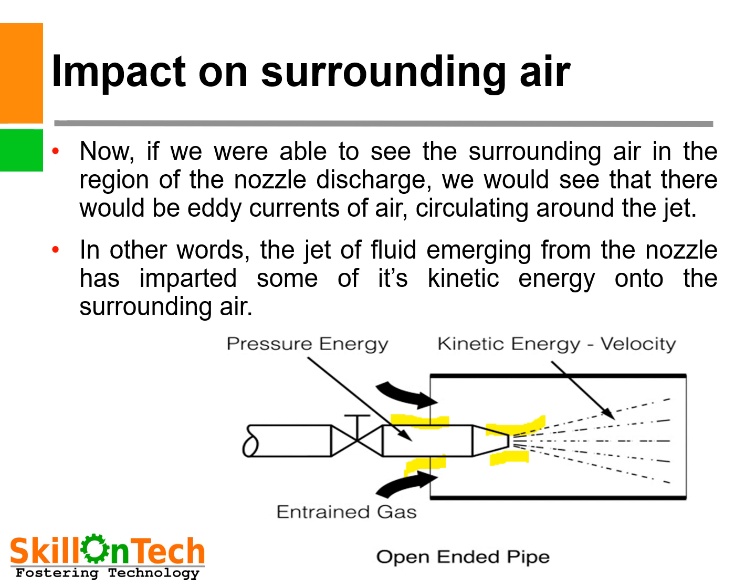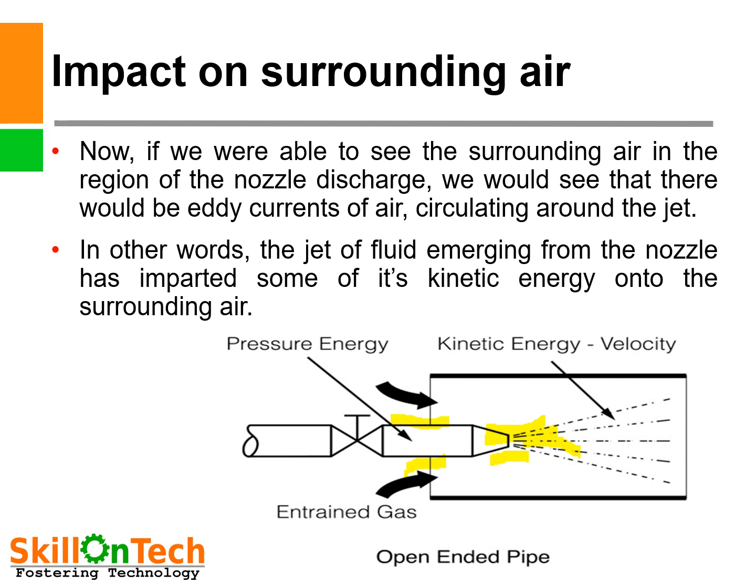In other words, the jet of fluid emerging from the nozzle has imparted some of its kinetic energy onto the surrounding air. You can see in the picture, here it is pressure energy, and this pressure energy is converted from here to the nozzle into kinetic energy.